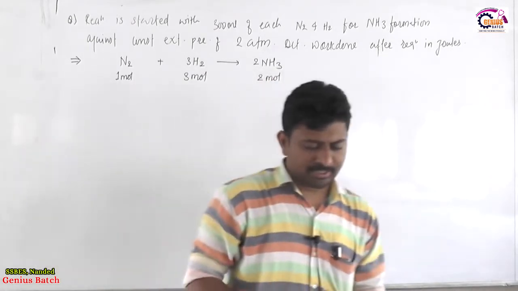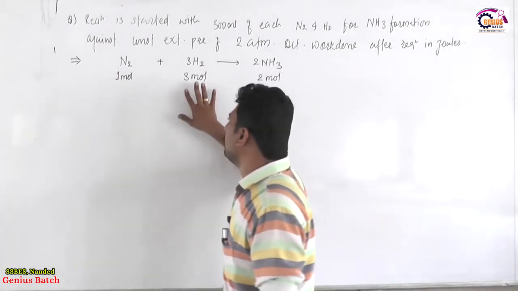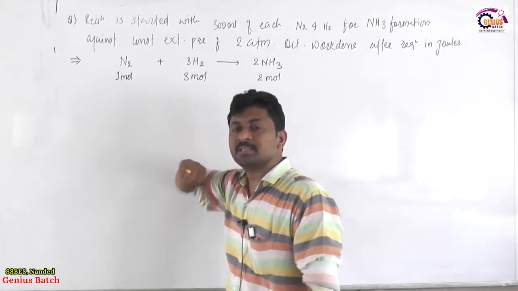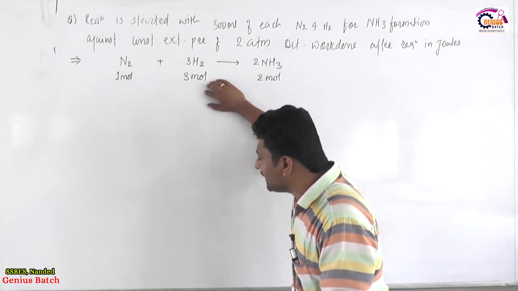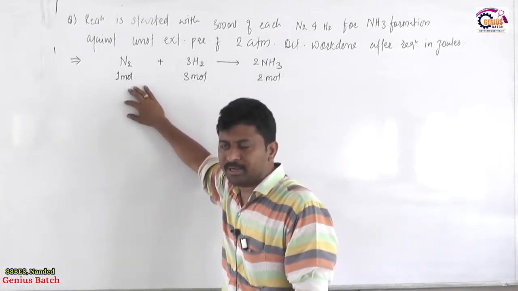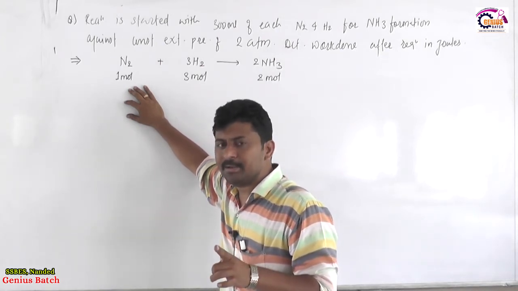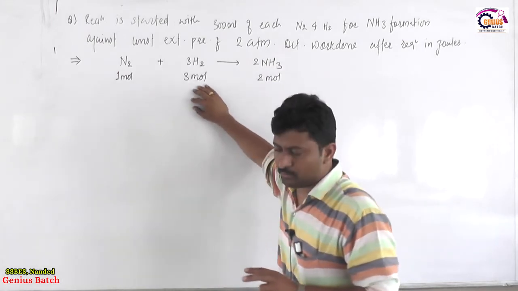One thing we should clear here: we require 3 moles of hydrogen for 1 mole of nitrogen. This means if we select volume, then the volume of hydrogen should be 3 times greater than the volume of nitrogen for a complete reaction. If we have 10 ml nitrogen, then we require 30 ml hydrogen.